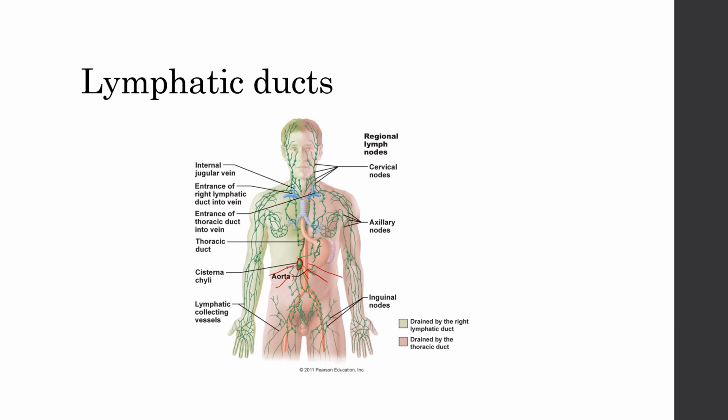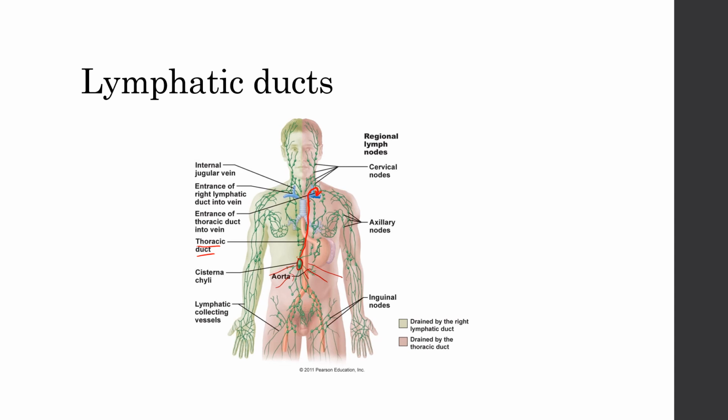Now that brings us to the first of the two ducts, the thoracic duct. It has this sort of candy cane shape. It travels up behind the aorta and flips over and drains its liquid into the left subclavian vein.